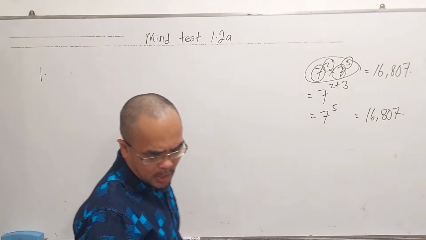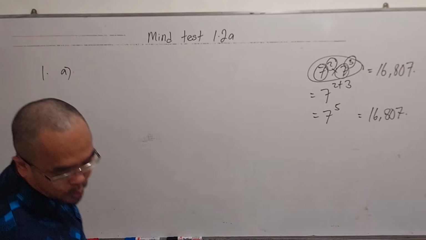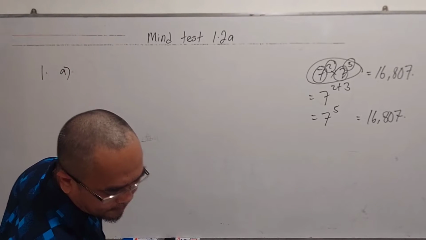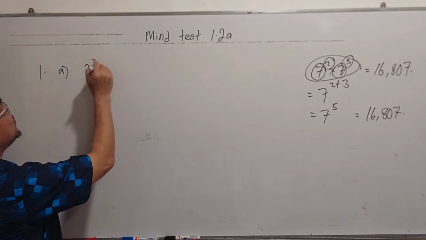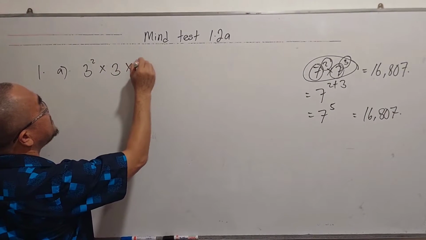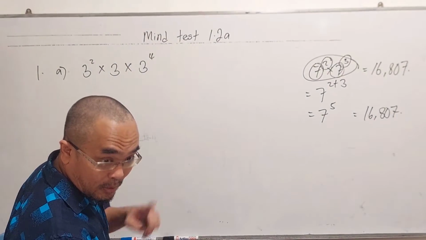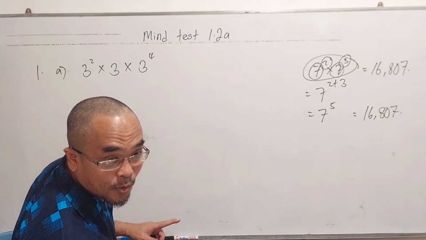Okay, all right. So let's look at number 1a. Mind test 1.2a. We have 3 to the power of 2 times 3 times 3 power 4. Before you begin, could you find that question?